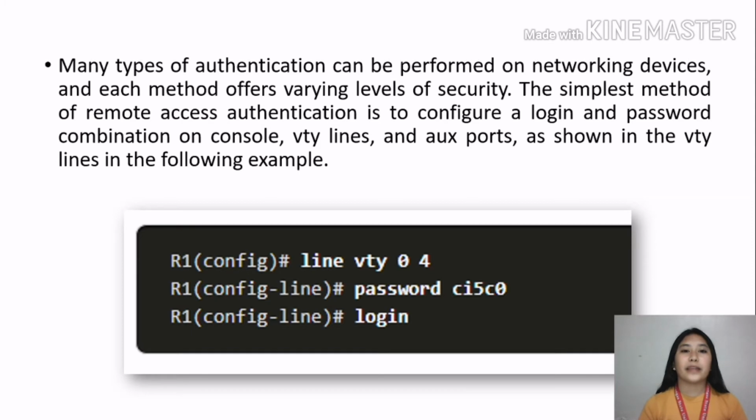Many types of authentication can be performed on networking devices, and each method offers varying levels of security. The simplest method of remote access authentication is to configure a login and password combination on console, VTY lines, and AUX ports as shown in the VTY lines in the following example.